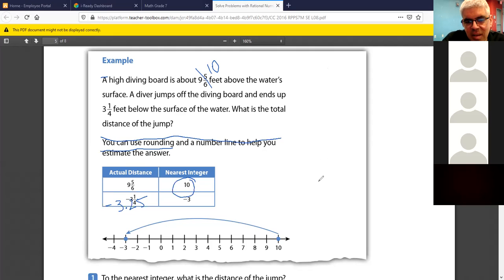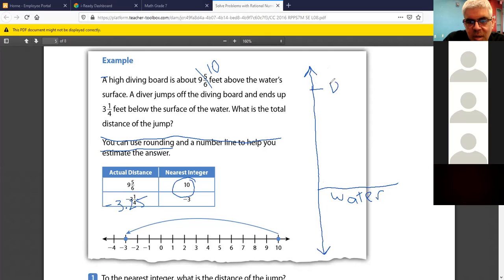So we have water surface right here. Water. Go ahead and draw this. And then let's draw the number line up and down. And here is my diving board.